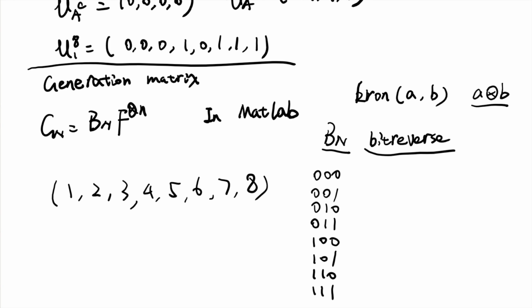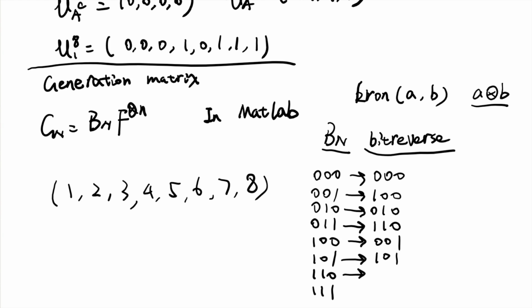So what does Bn do? The function Bn is actually doing this: it switches the position of the first bit and the last bit. So this one becomes this, and this one becomes this. And we rewrite it in decimal.